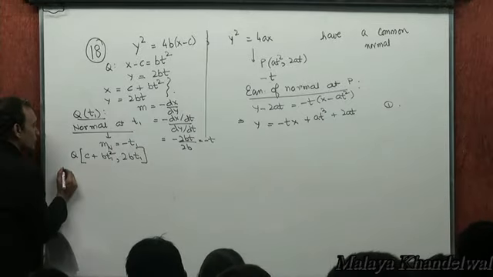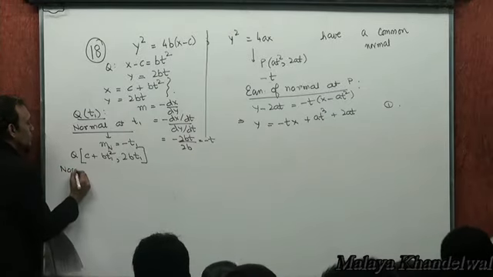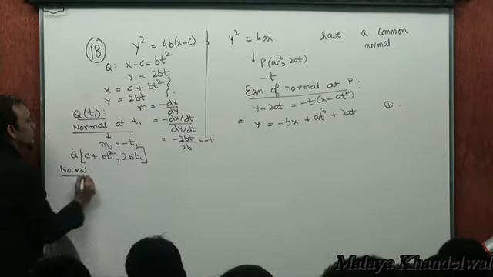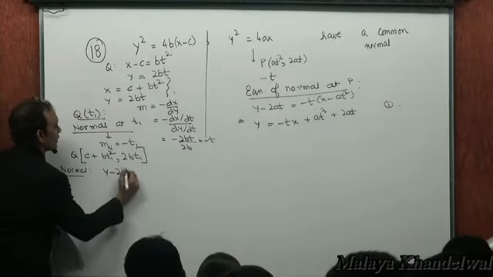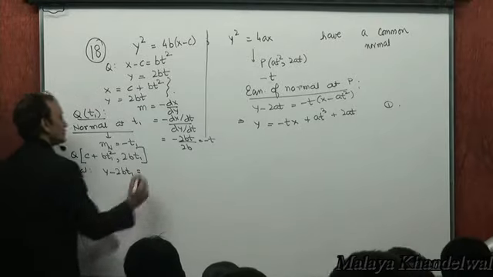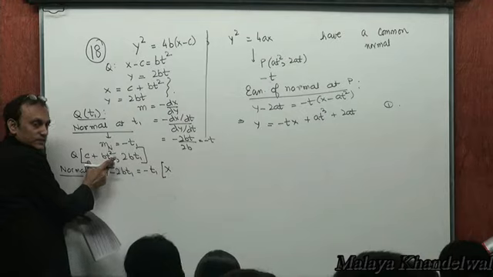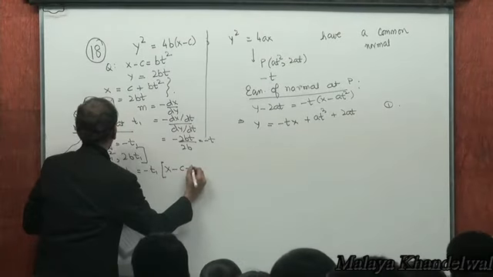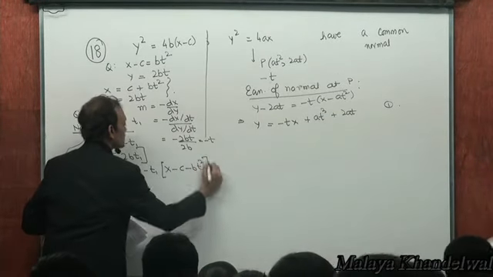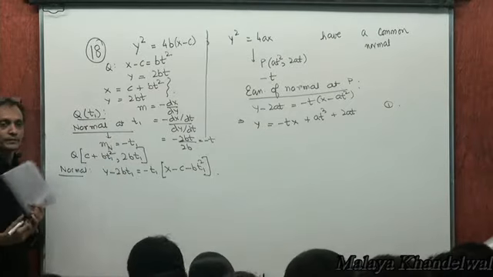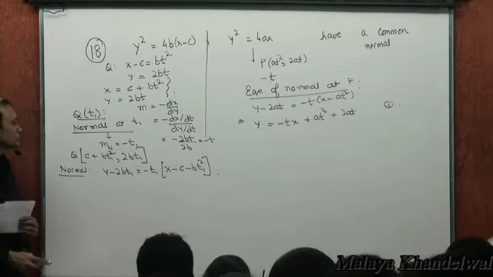Therefore, the equation of the normal at Q is y minus 2BT1 equals minus T1 into (x minus C minus BT1 squared). Yes or no? That's the equation of the normal at t equal to T1 of this parabola, right?